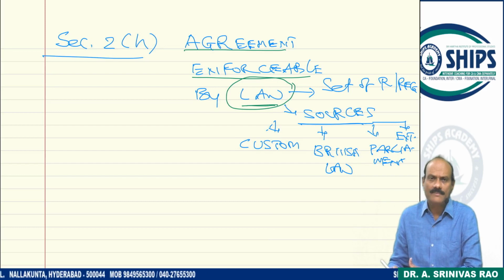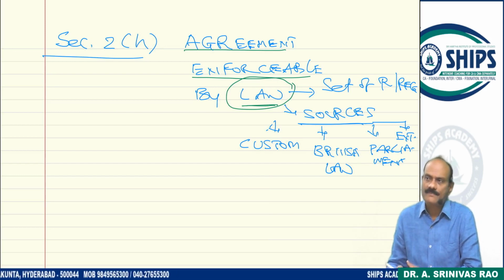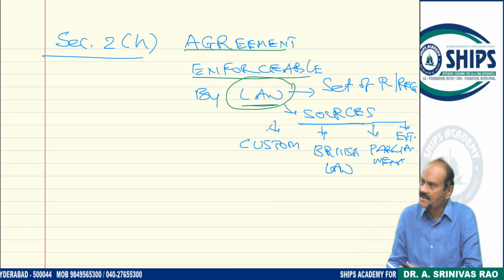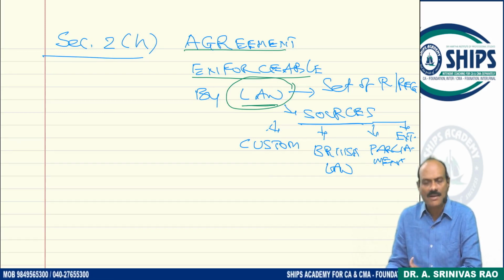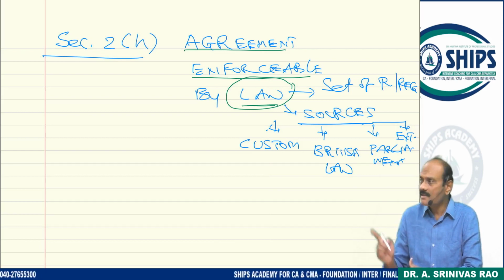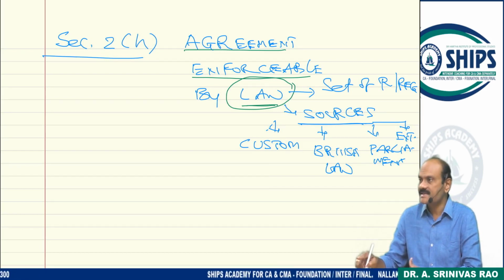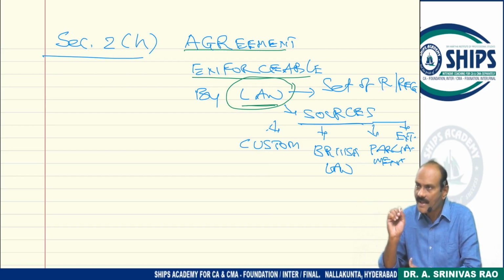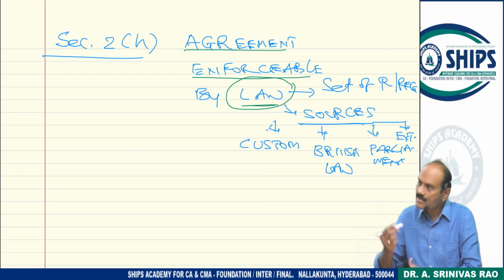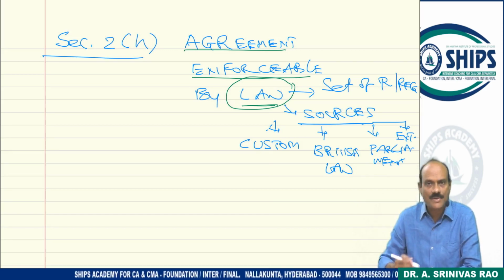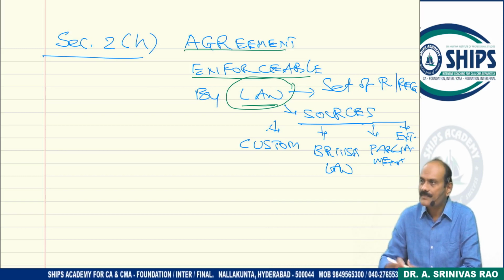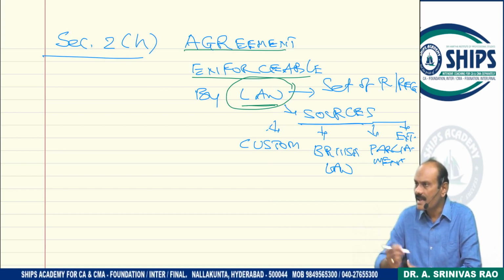Show me one law which is against our customs. As a Hindu, as a Muslim, as a Christian, we are following our own personal laws. No law goes against our customs and traditions. In custom, wherever good practices are there, law accepts them. Wherever bad practices are there, law rejects them, like sati, kanya shulka, dowry system, untouchability, child marriages.